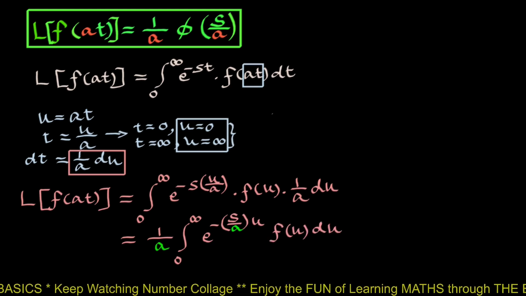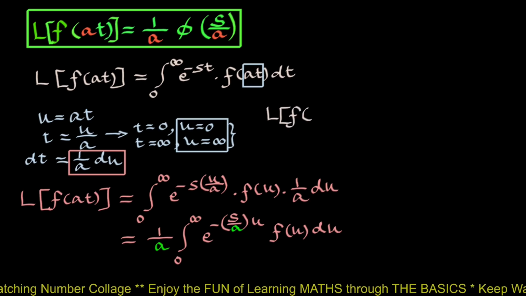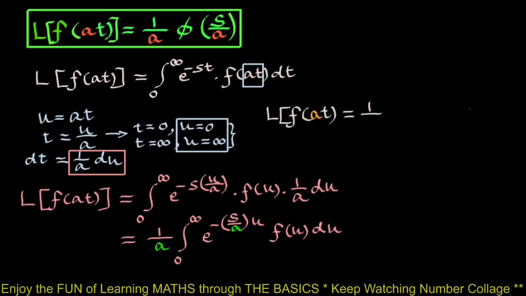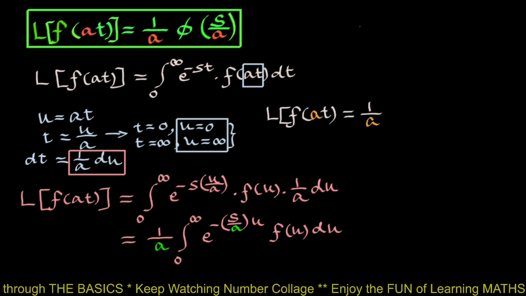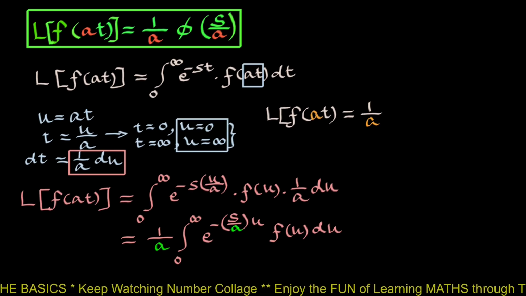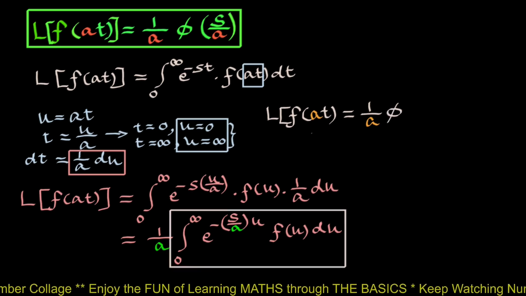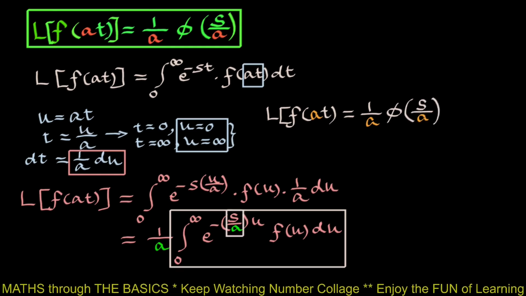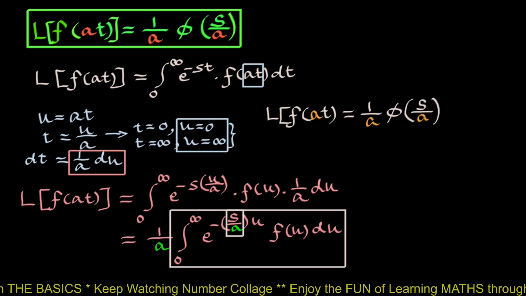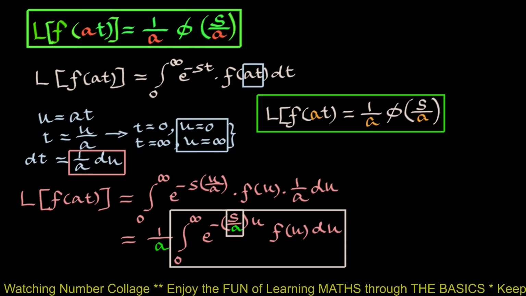So we get Laplace transform of f(at) equals 1 upon a into, for this definite integral, we write phi of s upon a. This is how change of scale property comes into being.